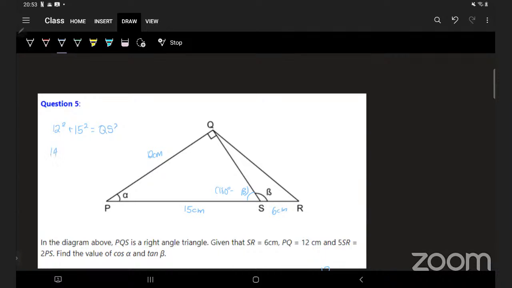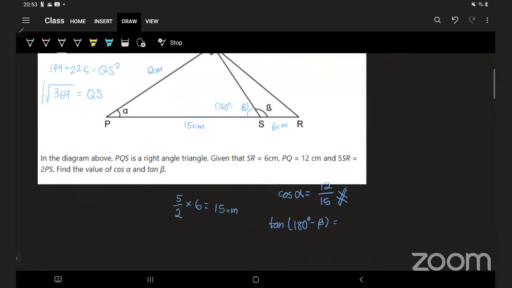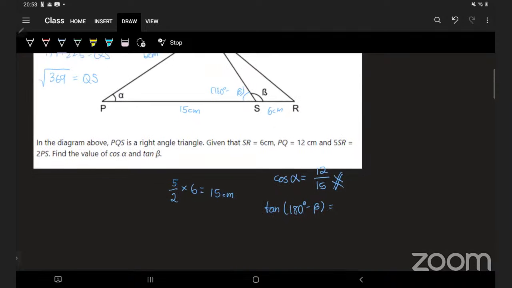So 144 plus 225 is equal to QS squared. And then we get 369, square root of 369 is equal to QS. Because this isn't a perfect square, you can just leave it in that form.